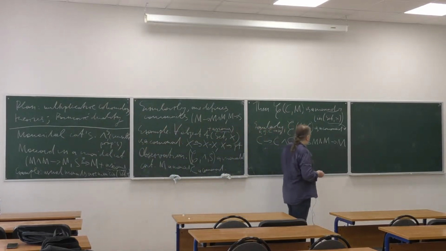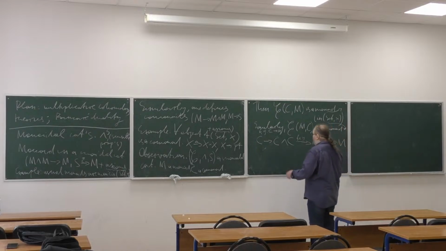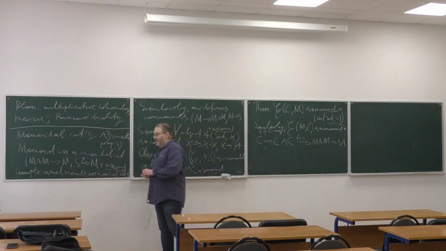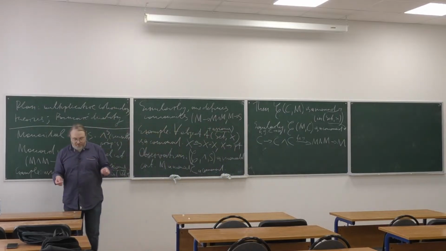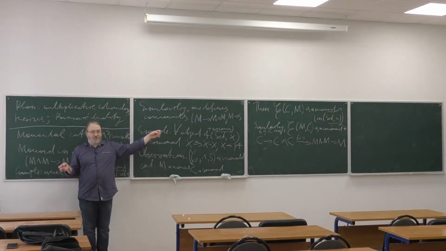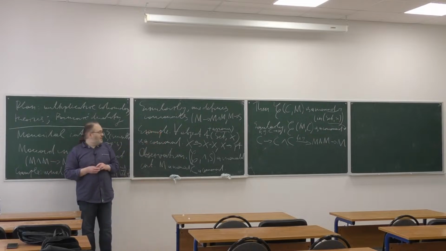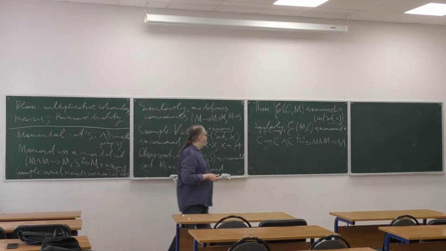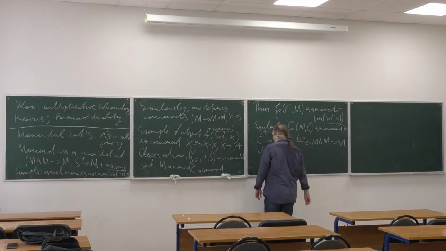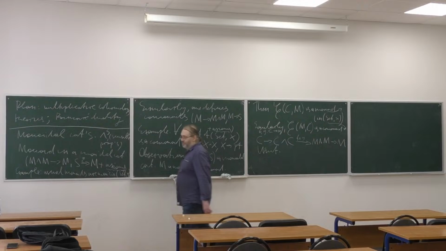Okay. Now I have defined a product, but I also need a unit. If I just have a product, it's better than nothing, but it's not a monoid yet. I need a unit. So, how do I define the unit?